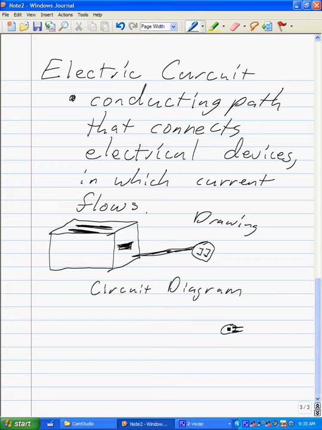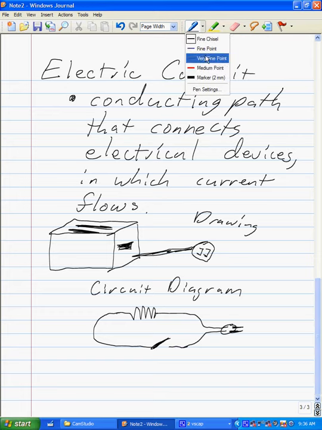Then a wire goes from the other side of the toaster around through a switch, that would be that handle, and back into the plug. So we've got the toaster, we've got the power switch, and we have the plug that goes into the wall.